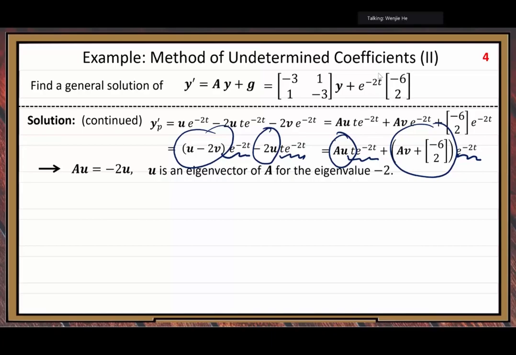So here, we need to use that eigenspace to understand this U. U is inside the eigenspace corresponding to the eigenvalue of -2.